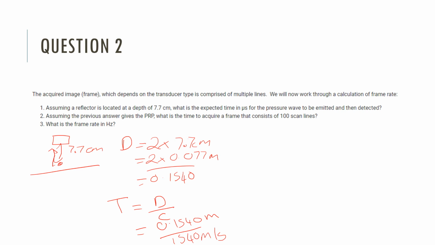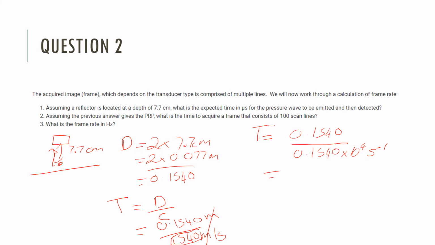Okay, so we can cancel these out and we'll have T equals 0.1540. If we put that into the same sort of units so we can cancel things out and make it simpler for ourselves, we'll have 0.1540 and we move the 0, 1, 2, 3, 4, so that's times 10 to the 4, and we've got seconds left over, so seconds to the -1.